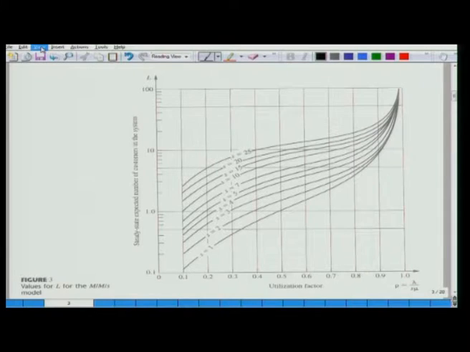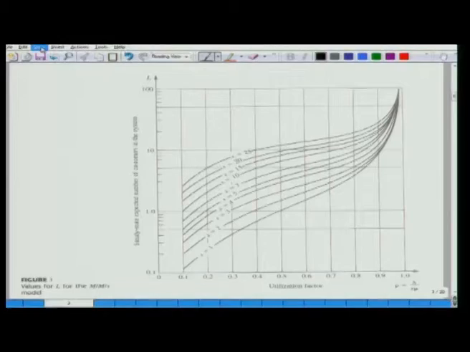For example, for 0.5, the number of people in the system will again be around 11 or something for 25. But if you have only s equal to 1 and 0.5, then you expect only 1 person to be in the system.